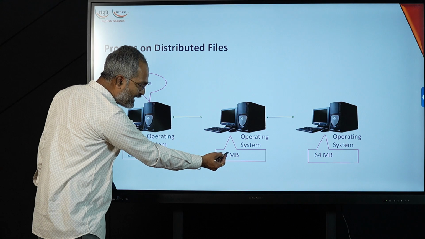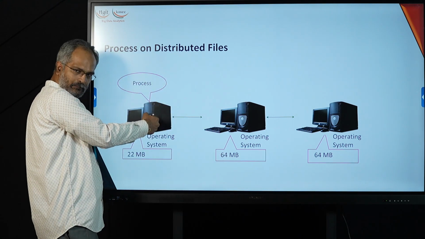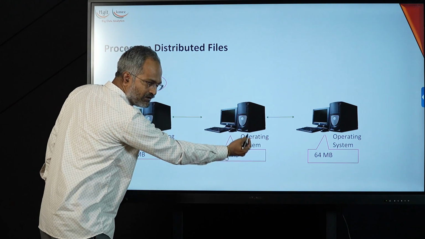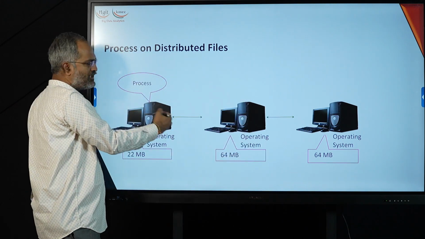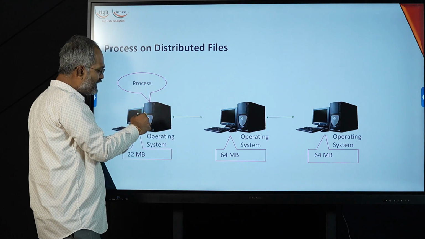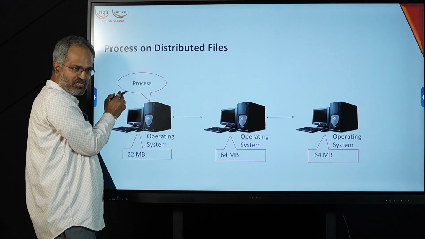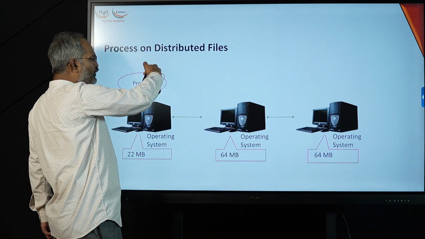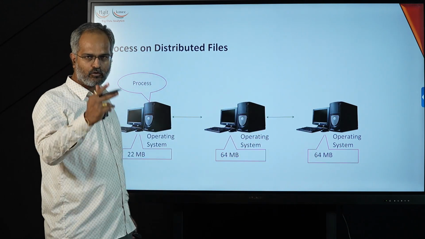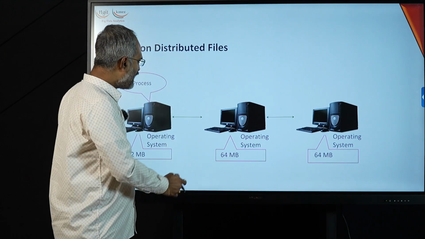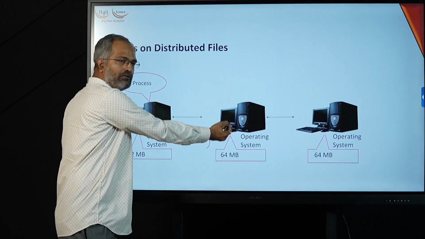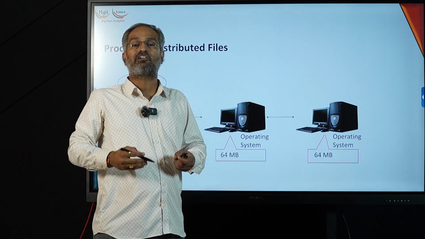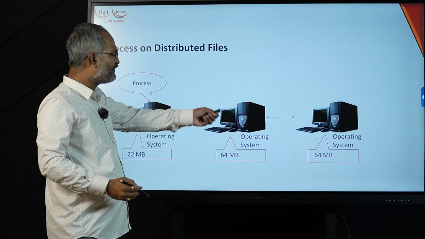This data has to be transferred to this machine, meaning that the data available in another machine has to be copied into this machine over the network, and then it can be processed by the initiated process. In a similar way, this data also has to be transferred over the network. So here there are two problems. One is that you have to transfer a lot of data over the network, so it will consume a lot of bandwidth. That is the first problem.